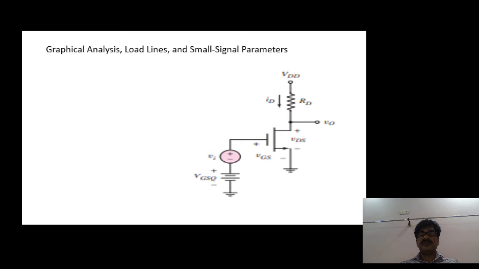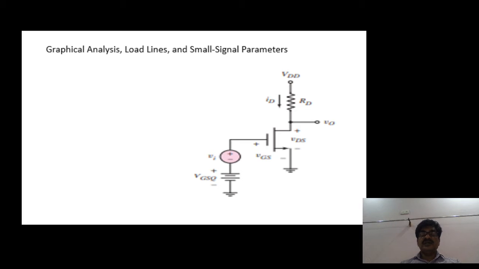This is the MOSFET with the source at the ground, which means it is in common source configuration, and the drain terminal is connected to VDD through the RD resistor. In common source configuration the input is at the gate and the output is from the drain terminal. At the gate we have both the VGG source and the signal source Vi.